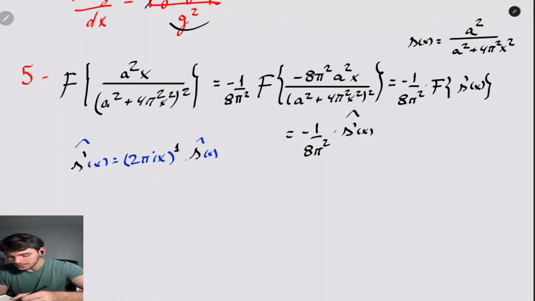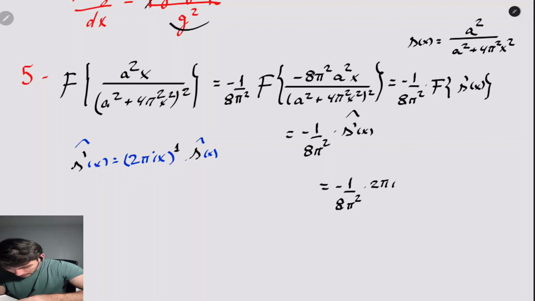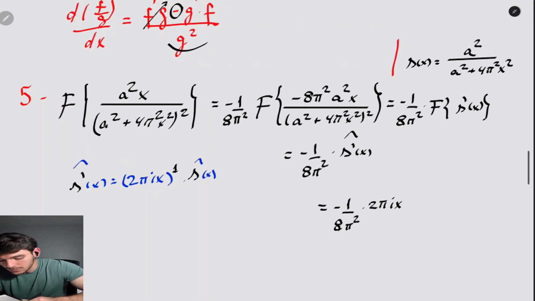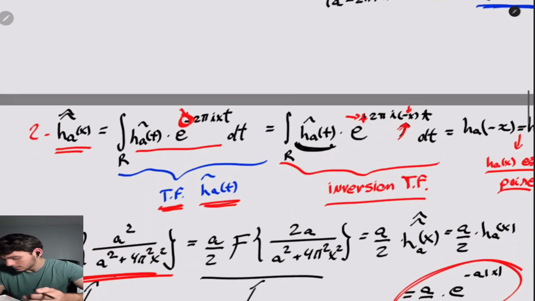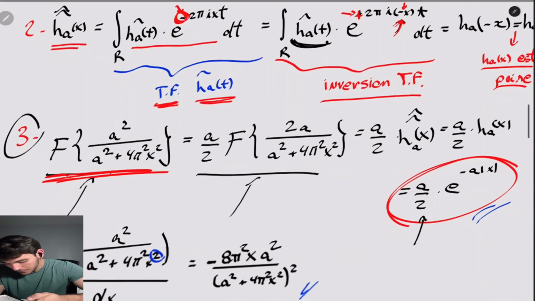So we can rewrite it as minus 1 divided by 8 pi squared times 2 pi i x times the Fourier transform of s. So we need to find the Fourier transform of this. We've actually already calculated it here, item 3.